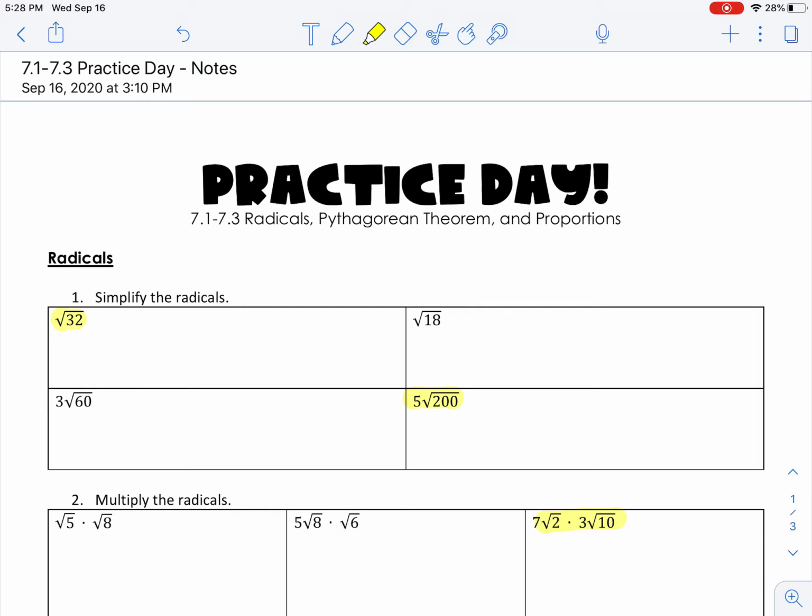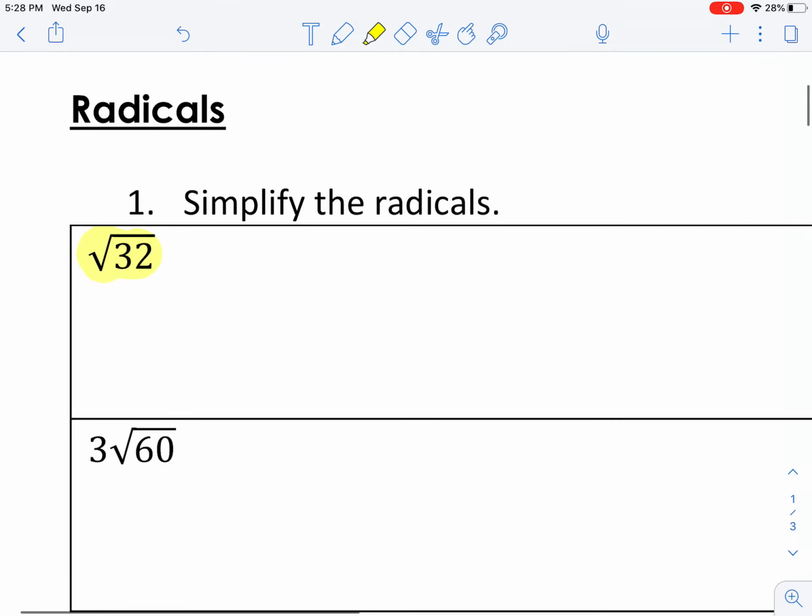Okay, so the first section was radicals, and simplifying the radicals was first. So if we're looking at this one, square root of 32, we would first check to see if 32 is a perfect square, and it is not. So we would look for the biggest perfect square factor. It actually has two perfect square factors. It has 16 and 4, but you want to use the biggest.